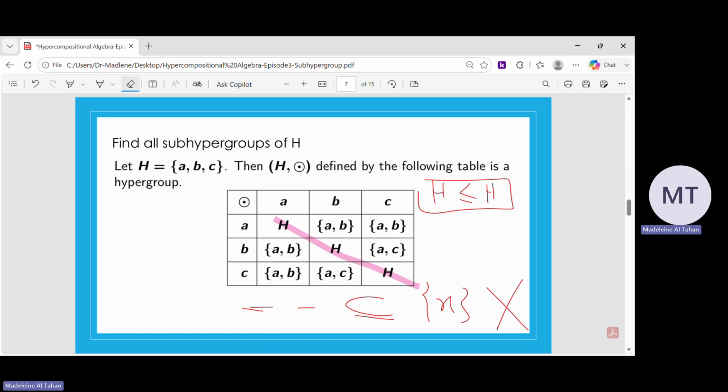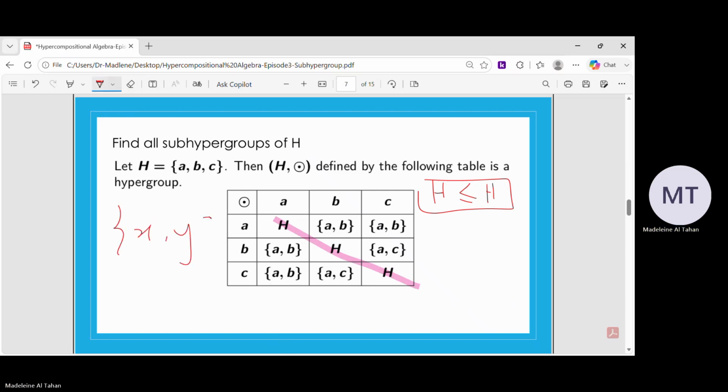What are the other options? The other option is when we have X, Y, X not Y, and X, Y can be A, B, or C. Do you think that this one could be a subhypergroup? Let's check. We're saying X is not Y, right?